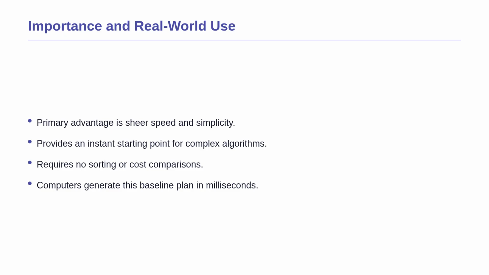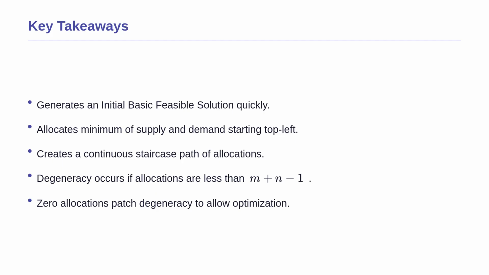They require a mathematically valid starting point to begin their calculations. This rule provides that starting point almost instantly, requiring no sorting, no cost comparisons, and very little computational power. A computer uses this rule to generate a rapid baseline plan in milliseconds, which it then refines into the cheapest possible plan. Let us summarize what we have learned.